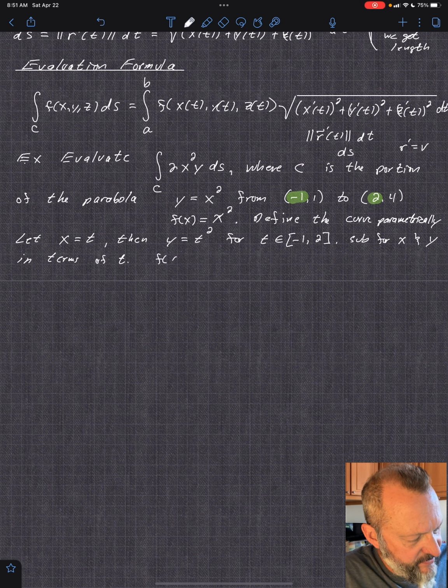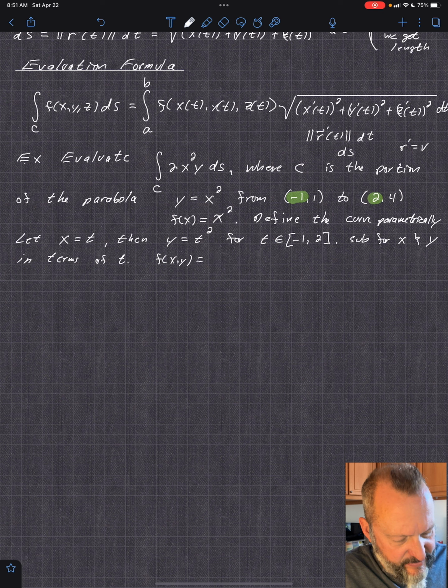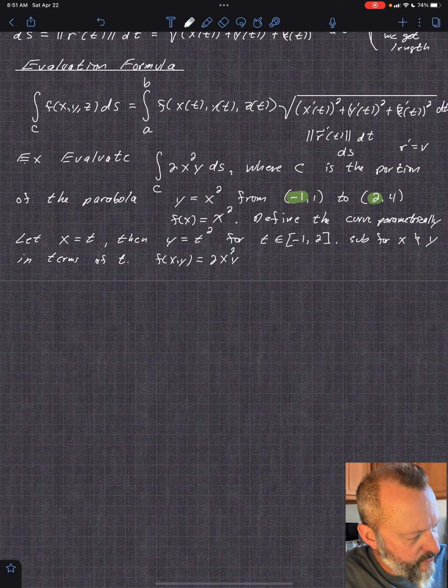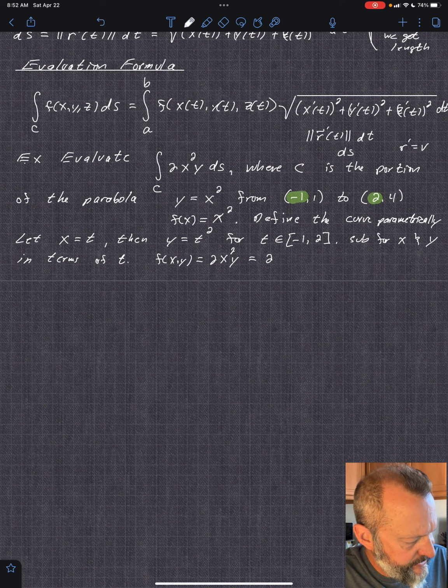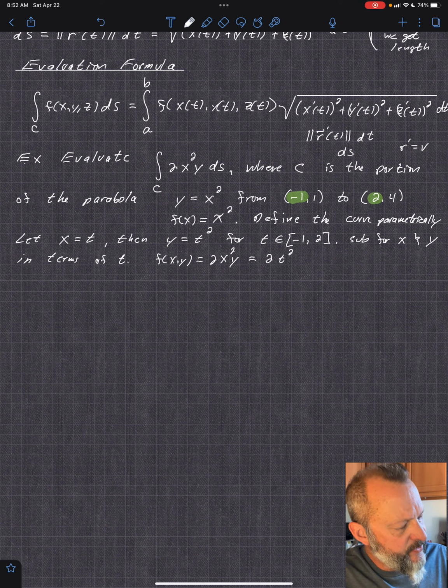So f of x, y is equal to 2x squared y, which is 2 times x squared, and x is t, so it's 2t squared, and y is t squared, as defined above.